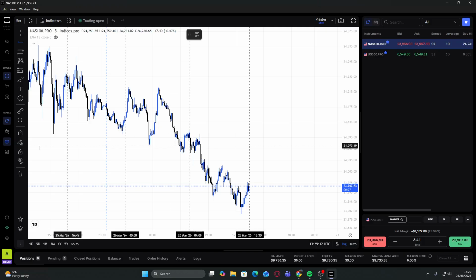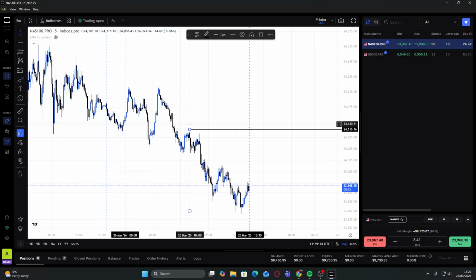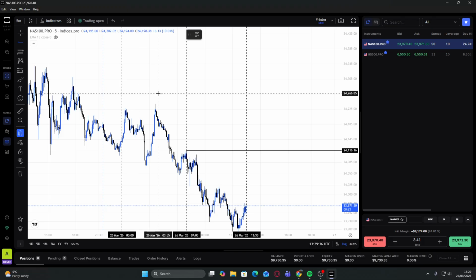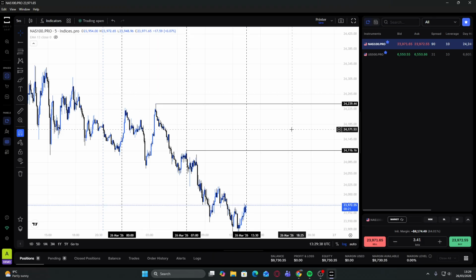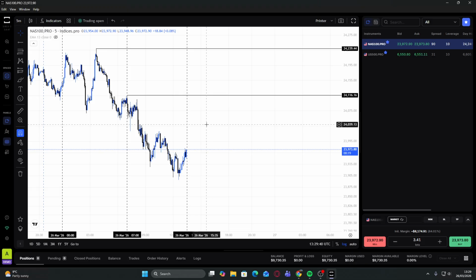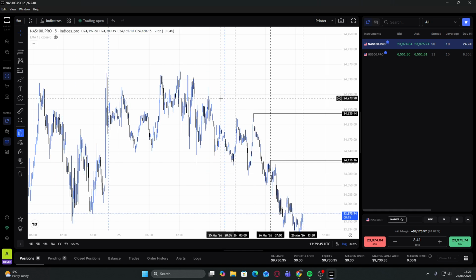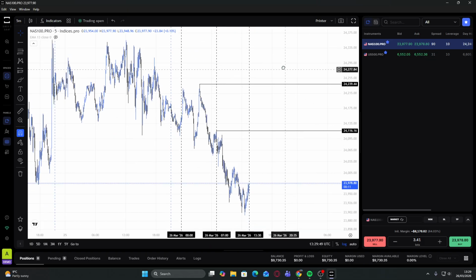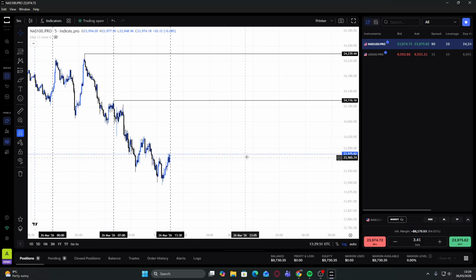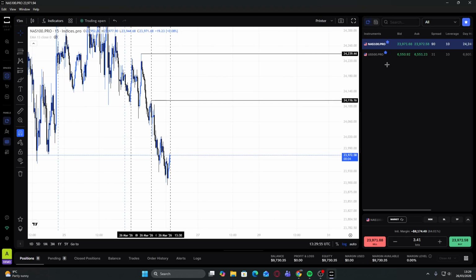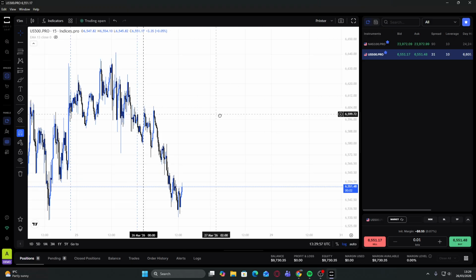And I have the London. The Asia. And then a bunch of stacked up low resistance liquidity here. Low resistance liquidity. The US, it's the same.